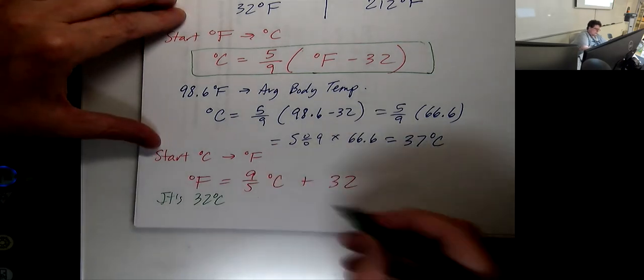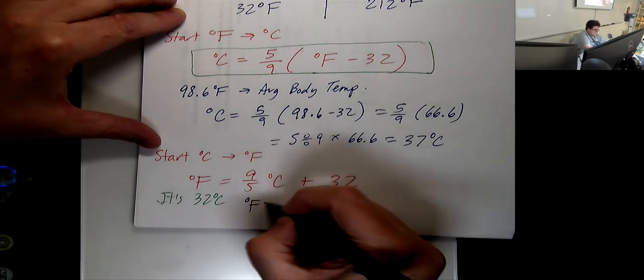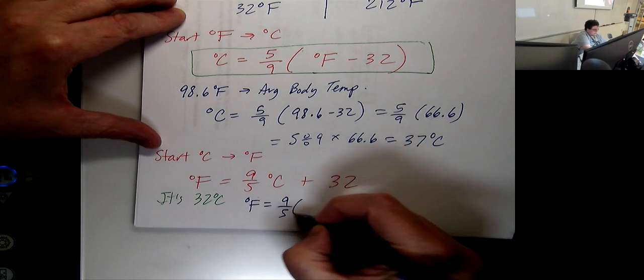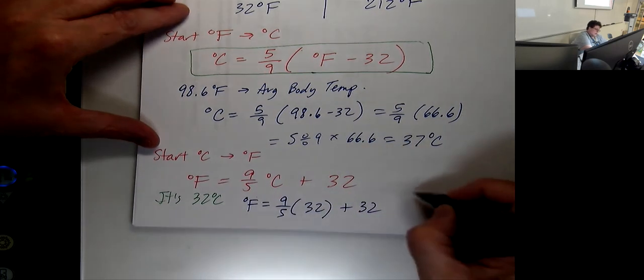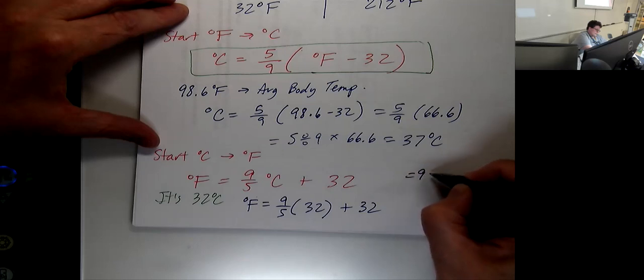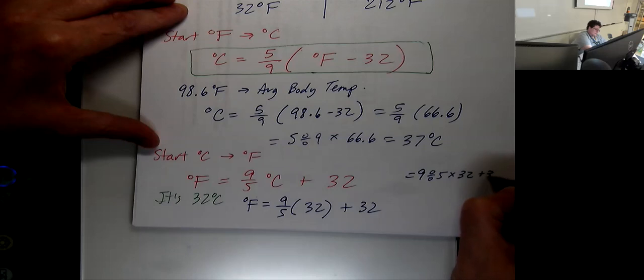But if I plug it in, what happens? I am literally going to do 9 divided by 5 times 32 plus 32 here.